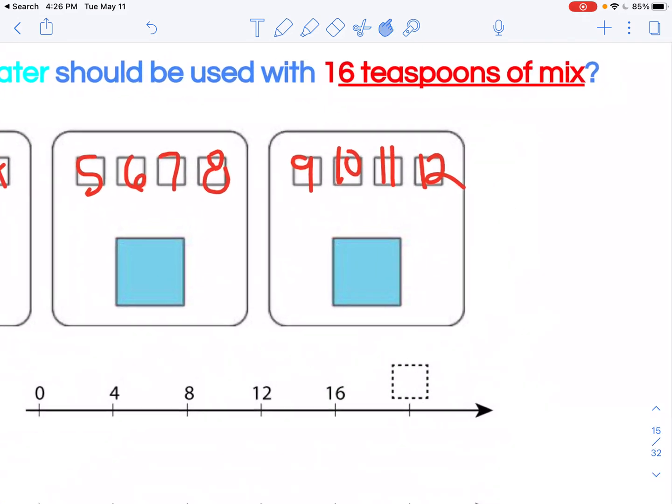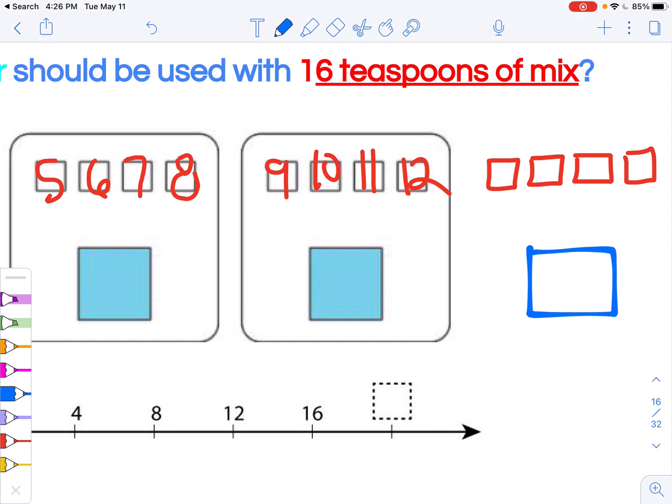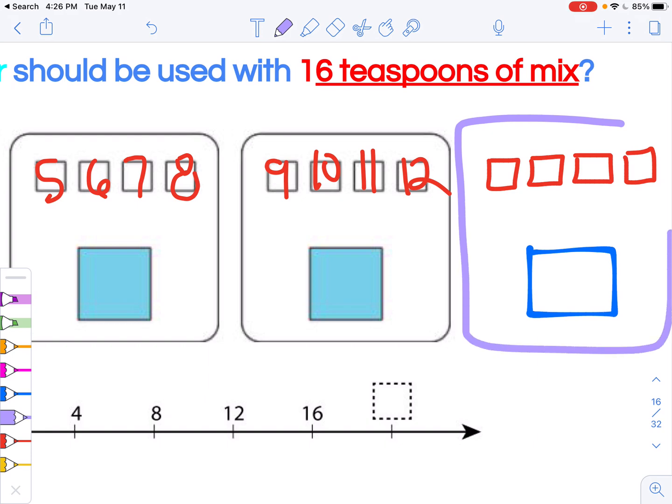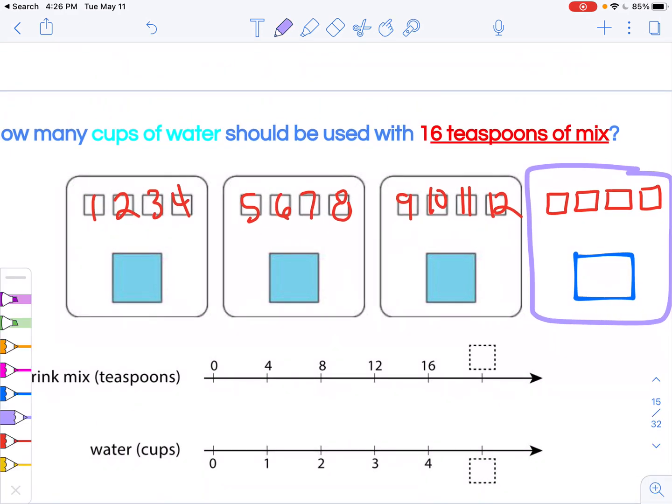So here we go. 13, 14, 15, 16. If I add 4 little red teaspoons, then I need another cup of water, right? Put a little square around it. All right. So now to answer the cups of water, it's 1, 2, 3, it's 4 cups of water.